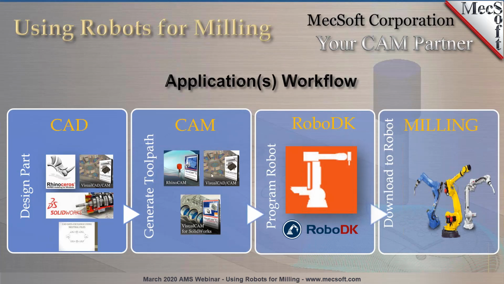Once you design the part, you would program and generate toolpaths using a MecSoft CAM application, which could be RhinoCAM, our standalone Visual CAD/CAM, Visual CAM for SolidWorks, or even LibreCAM. Once you generate the toolpaths in the MecSoft CAM product, you would then transfer the posted output file into RoboDK to be able to program the robotic arm or the robot station.